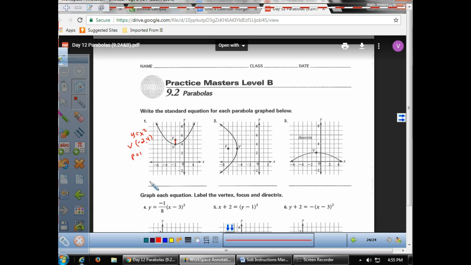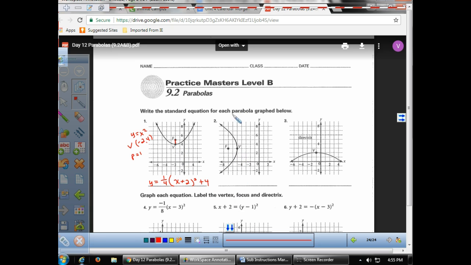So this is simply going to be y equals 1 over 4 times 1, because I'm just using that P there. And then that's going to be x plus 2 all squared plus 4. So that would be that equation. The vertex, -2, 4, matches what we have here, and then our p-value is 1.